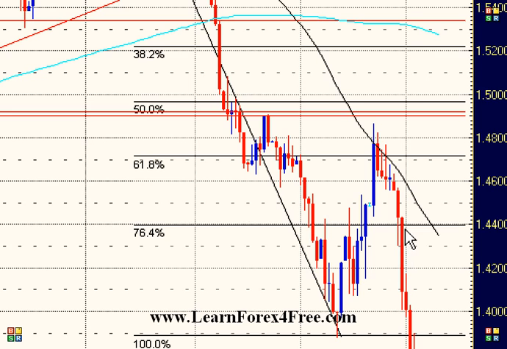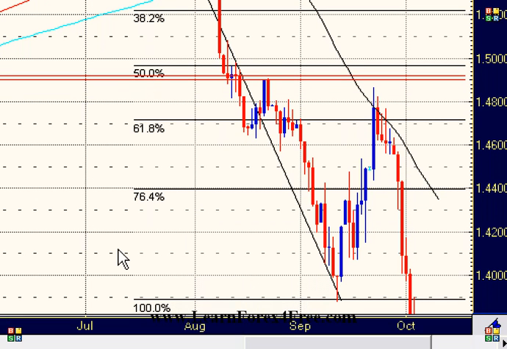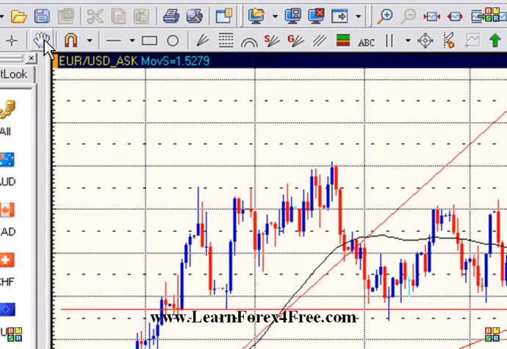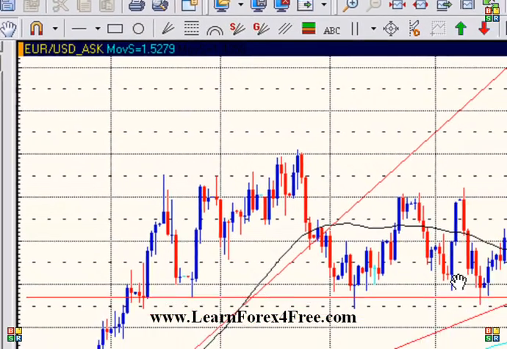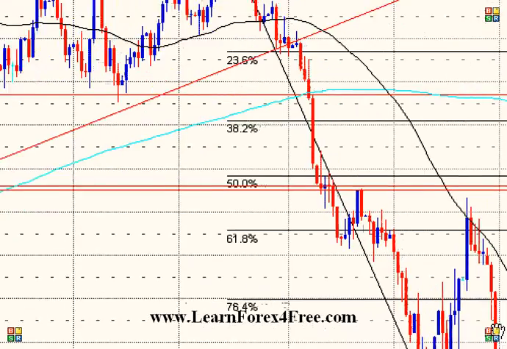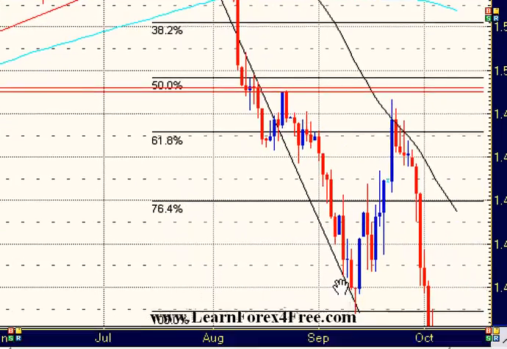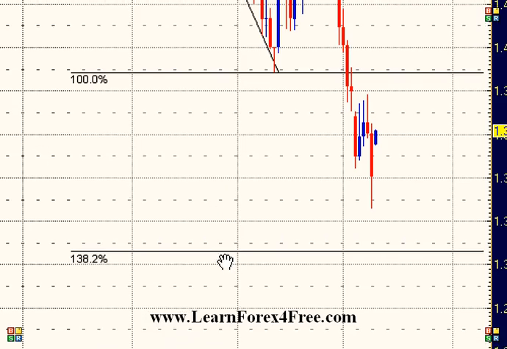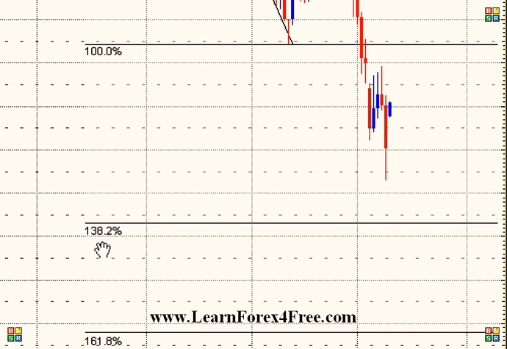Now, when such a dramatic reversal does occur, where would it continue and how far would it go? How do we know where to put our stops and limits? So let me show you the essence of Fibonacci extensions and how they can help us with something like that. You can see there are the Fibonacci extensions, 138% and then 161%.